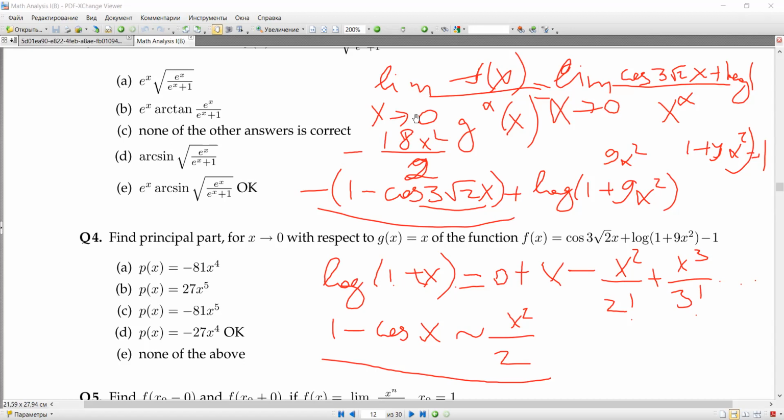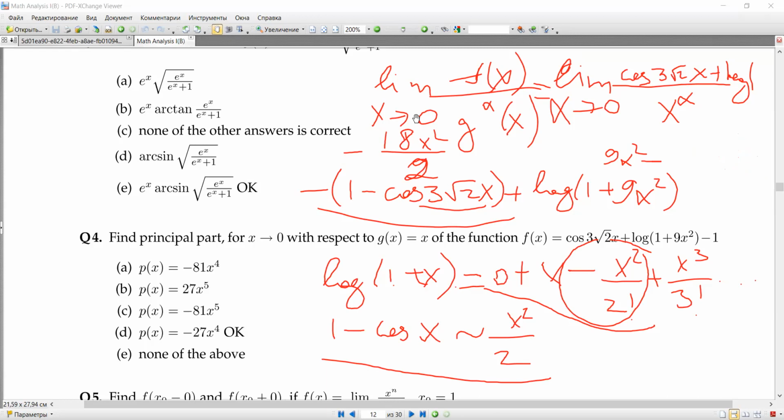We will just take these two as the logarithm. So in this case, we have 18x squared over 2, plus 9x squared, minus this one. So 9x squared will be minus. Here I will write, let me clear this part.